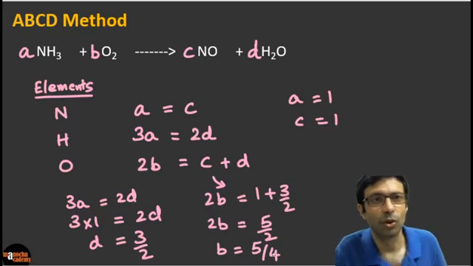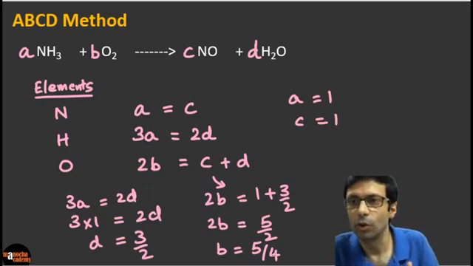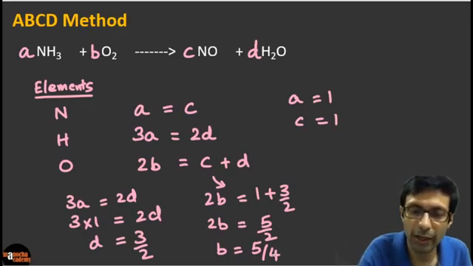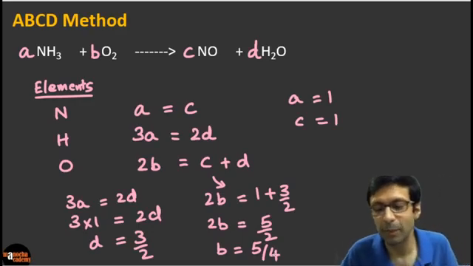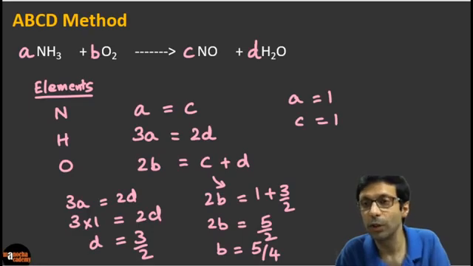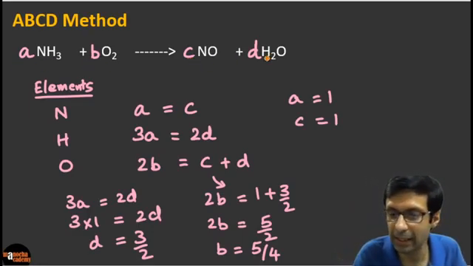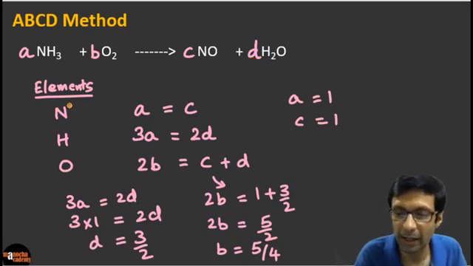Okay, so this is what we are doing here. If some of you are having doubts, take a look at what we've done till now, and then we are going to check is the equation balanced. So what is this magic method doing? Since we don't know the coefficients, we are just going to put A, B, C, D here. Then using this table, we check how many atoms of nitrogen are there.